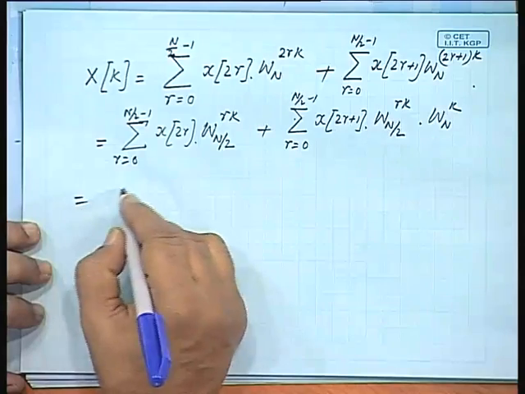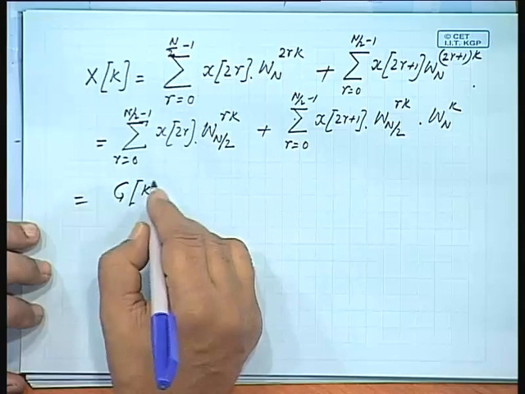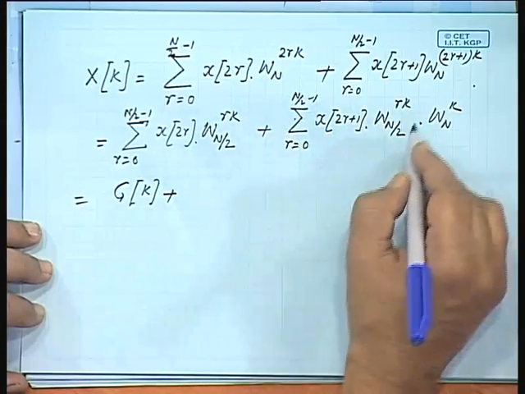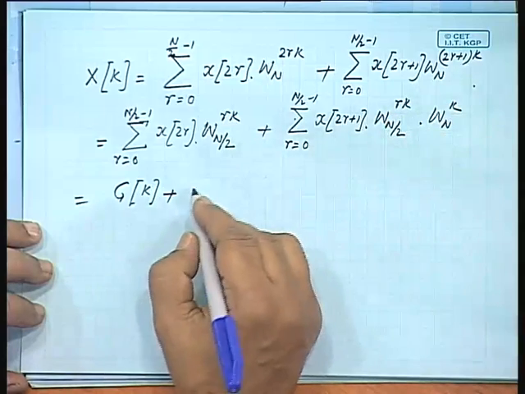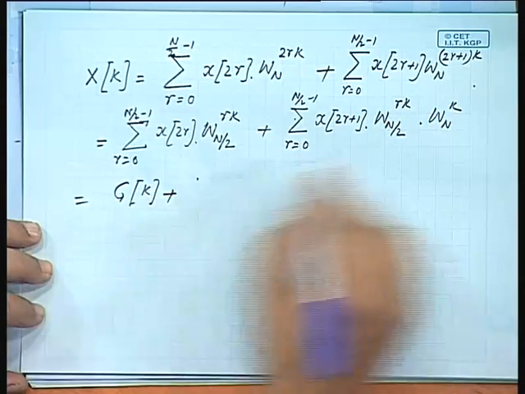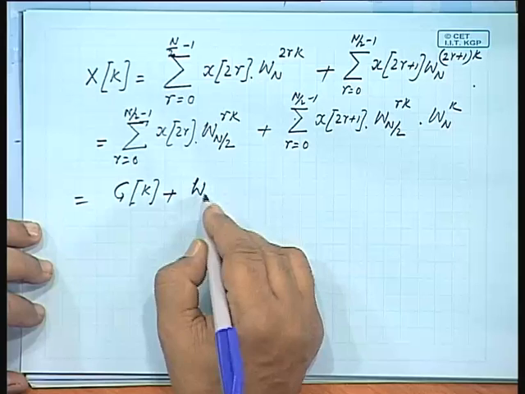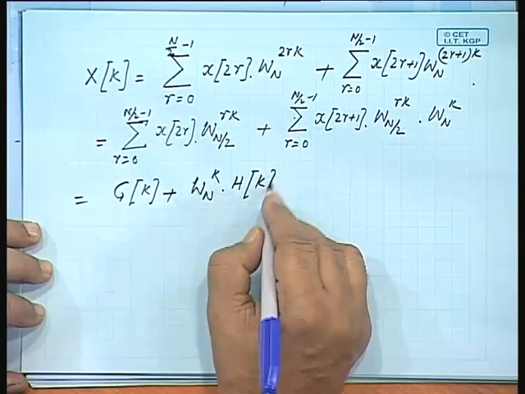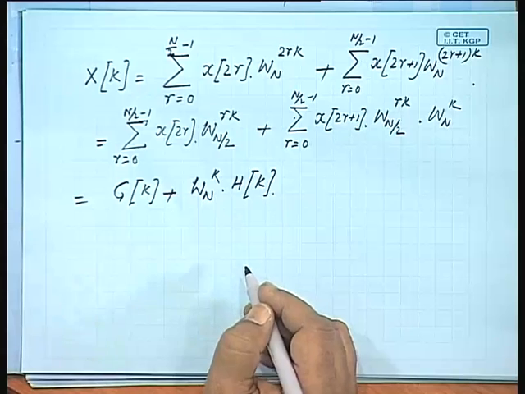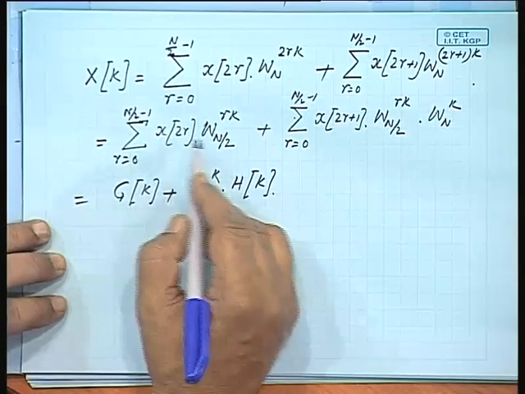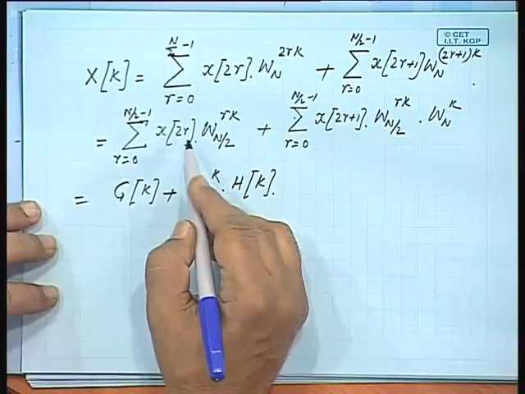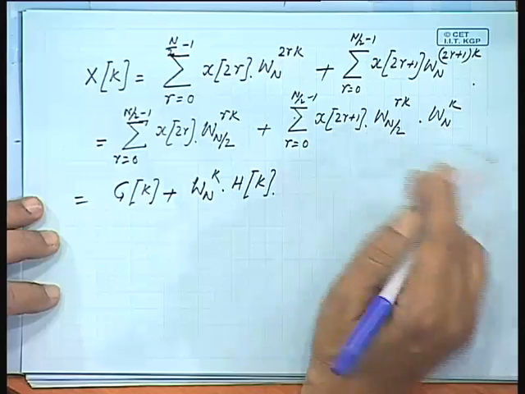Now, this I write as G(k) plus, this is similar to G(k), and multiplied by W_N^k, I call it H(k). So, it is basically half the number of points. If you have an 8-point sequence, then this is basically a 4-point sequence computation. Here also it is a 4-point sequence.